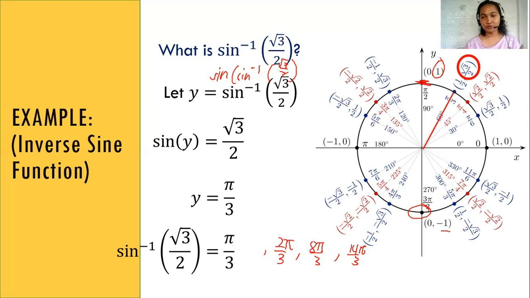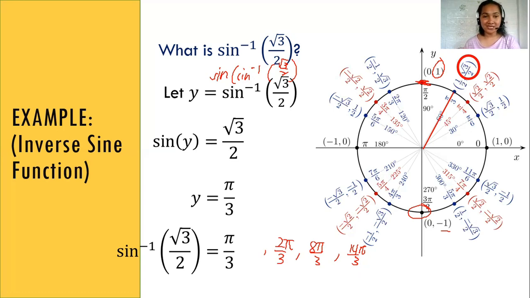So the input for the inverse sine function must be from -1 to +1 only. And the output for that inverse function will be from -π/2 to +π/2 only. Same with cosine and tangent and the rest of the trigonometric functions.